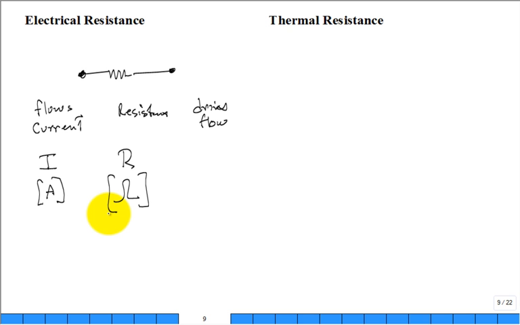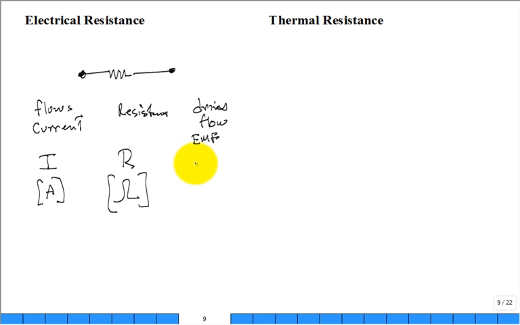All right. What drives the current through the resistor characterized by so many ohms? What drives it through? Voltage difference. So what drives the flow is an EMF. Anybody familiar with that term?